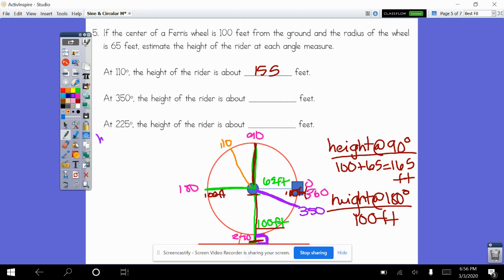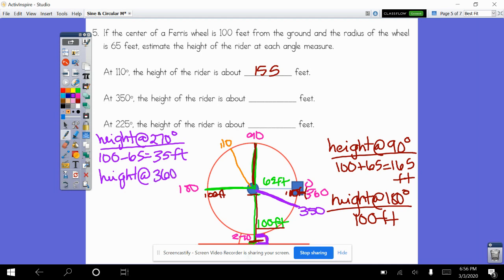So the height at 270, you just take 100 and subtract 65. That gives you 35 feet. So that's the height here down at the bottom. And then we already know the height at 360 is 100, because it's the same as the height of the center.